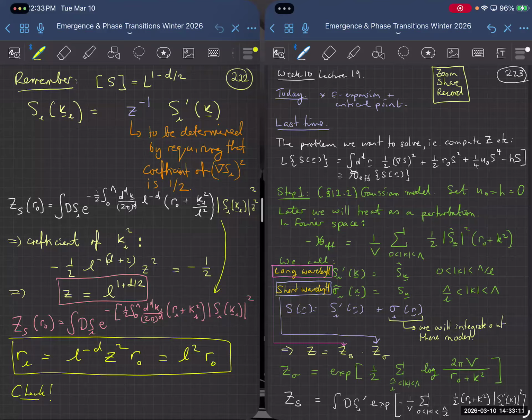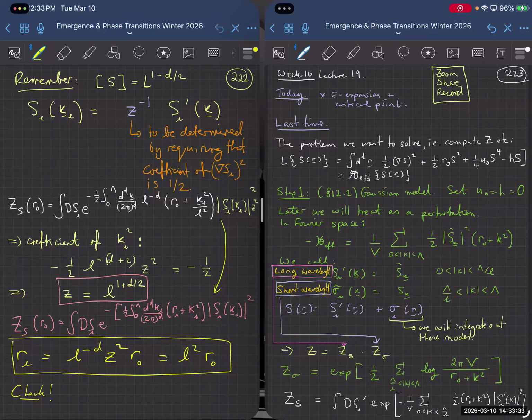So we set u and h equal to 0. Now we have a Hamiltonian which is just quadratic. As you remember from elementary statistical mechanics, if you have a Hamiltonian which is quadratic in its degrees of freedom, it is exactly solvable. It's just a harmonic oscillator. So we know that this is going to be exactly solvable, and we're going to go through that.